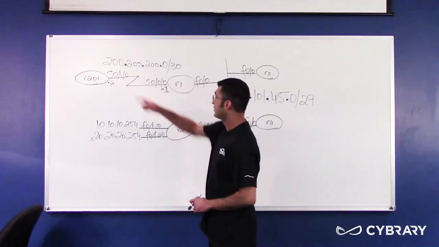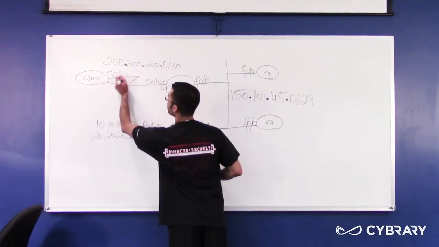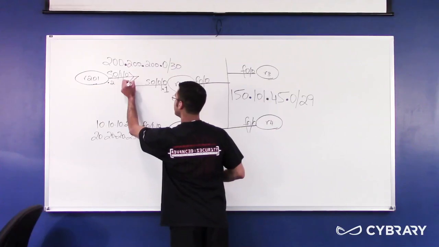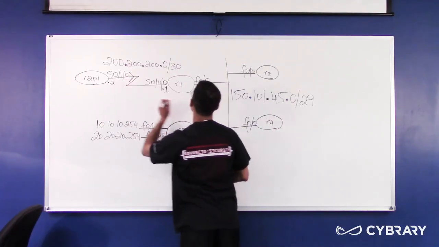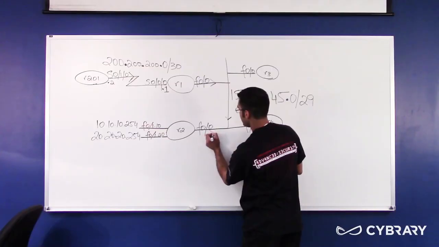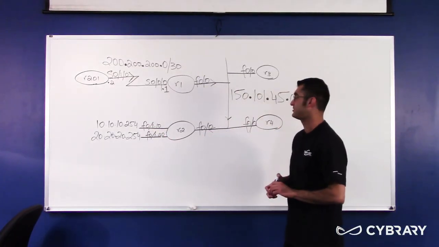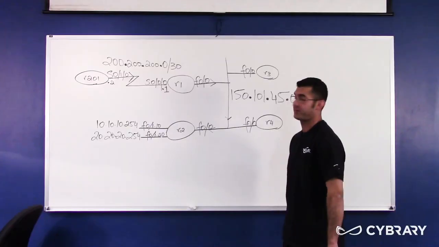On router 2, I'm going to be creating a route so that I can send traffic coming this way, down to router 2's FastEthernet 0/1.10 and FastEthernet 0/1.20 interfaces.